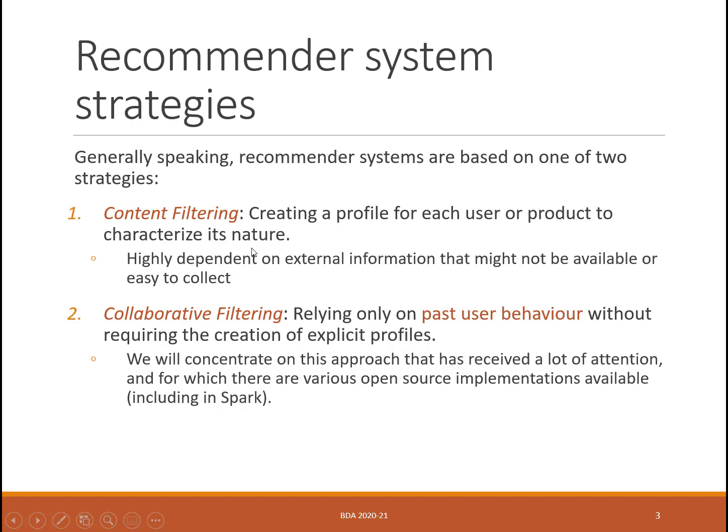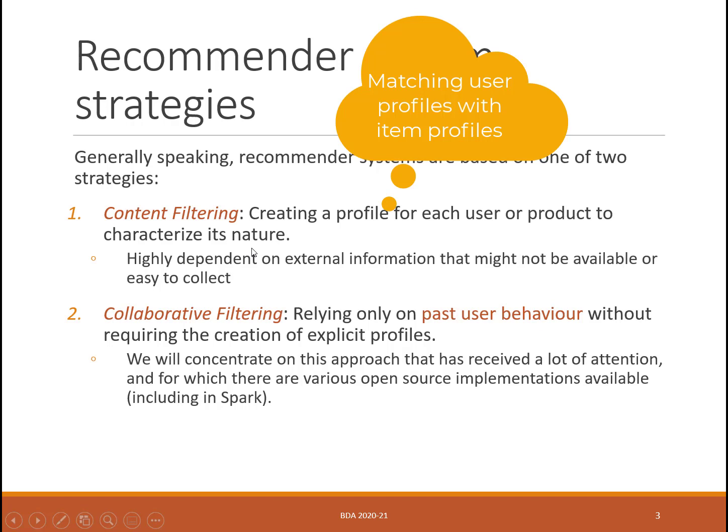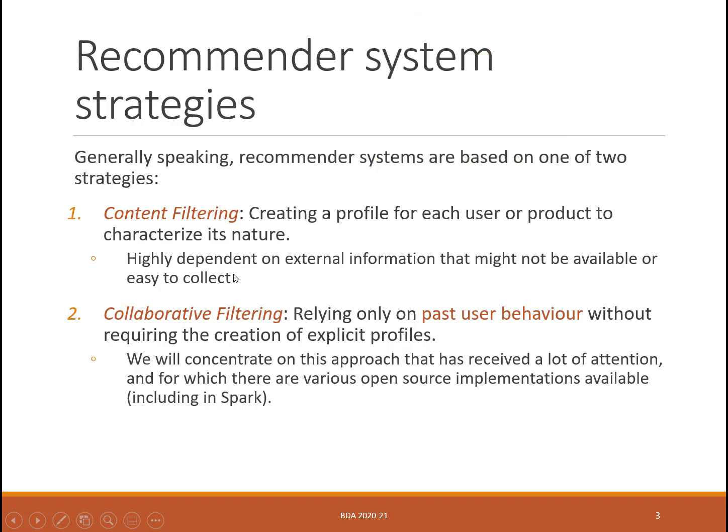User profiles might include demographic information or answers provided on a suitable questionnaire. Using these profiles, the system matches products with appropriate users. However, it is obvious that this approach requires gathering external information that might not be available or easy to collect.